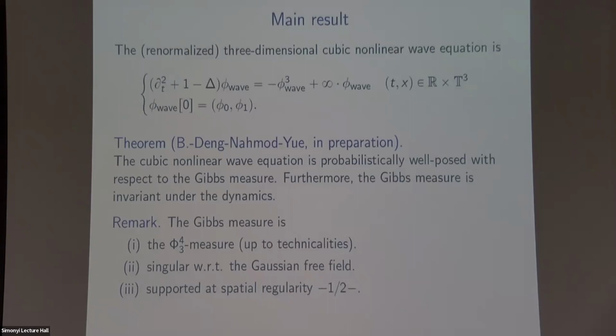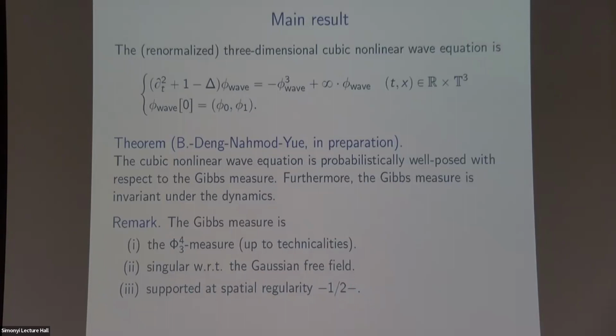Sorry, is it a measure on regular distributions or also singular distributions? What do you mean? Like can they be written as functions? No, so very good question. That's actually the third point here. So the regularity of these will be -1/2 minus.